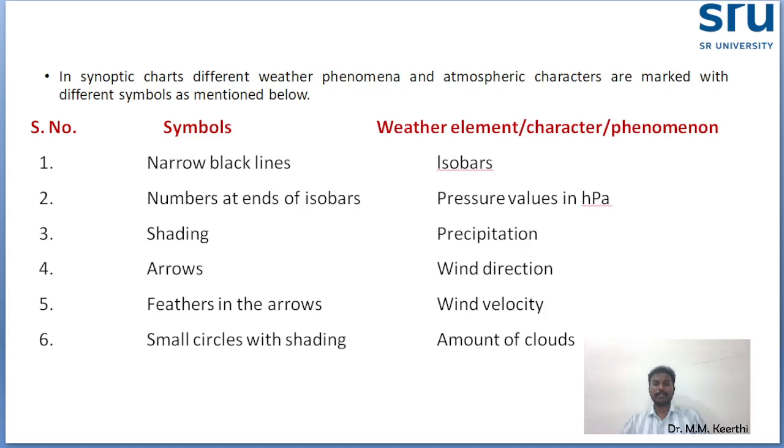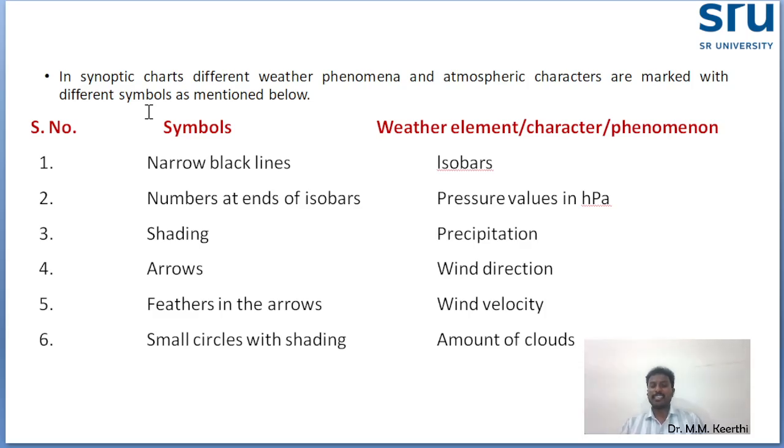I will give some examples. In the synoptic chart, narrow black lines indicate the isobars, equal atmospheric pressure, and the numbers at the end of the isobar indicate the pressure value.